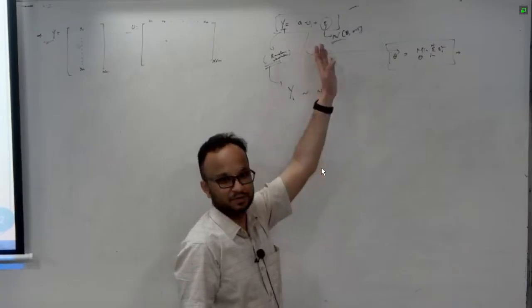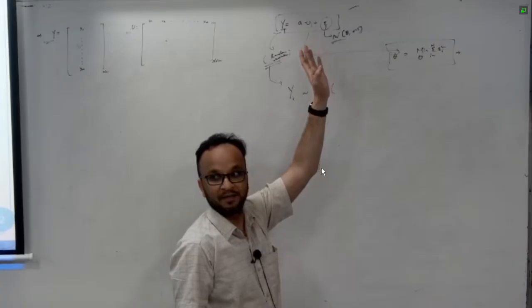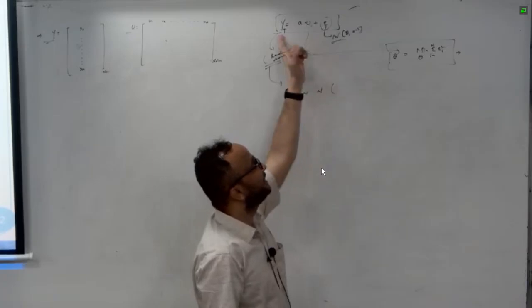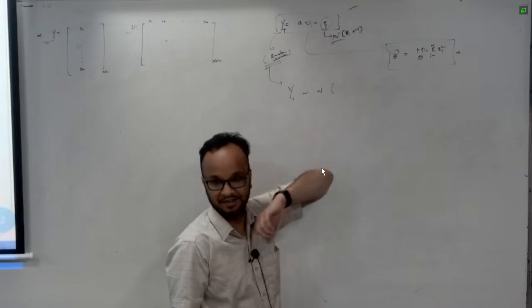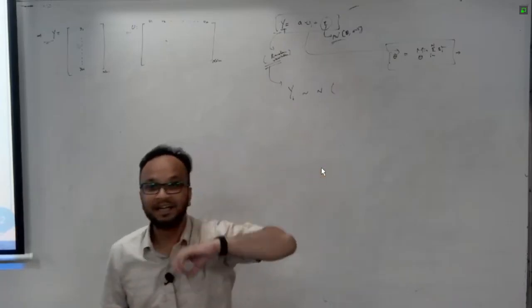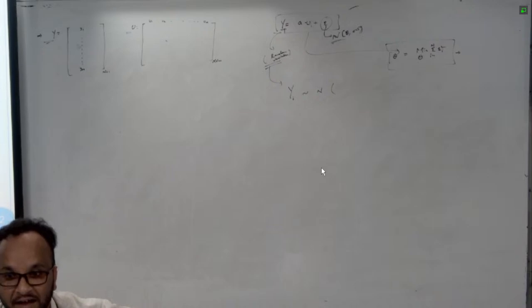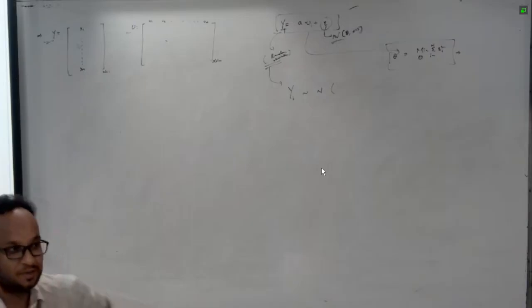How do you find the mean of it? I have just a random equation. The mean is also the same.